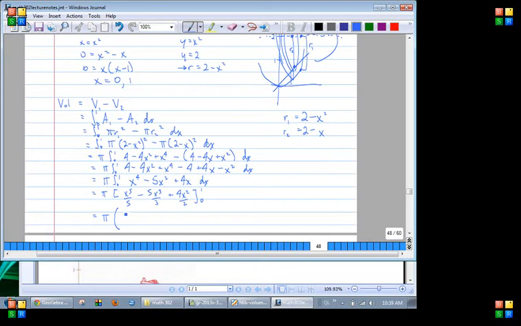So you plug in 1, you get 1/5 minus 5/3 plus 2. And when you plug in 0, what do you get? It's true you get 0, but you should always check that. And just a comment here, I've seen people assume that plugging in 0 will give 0. Not the case. So check it.